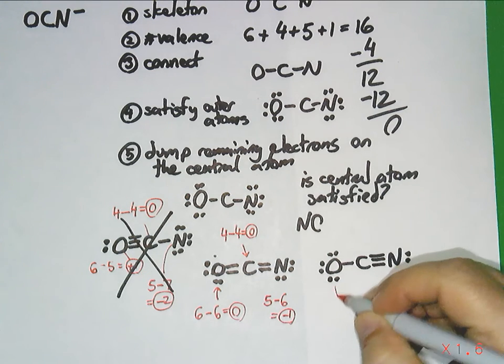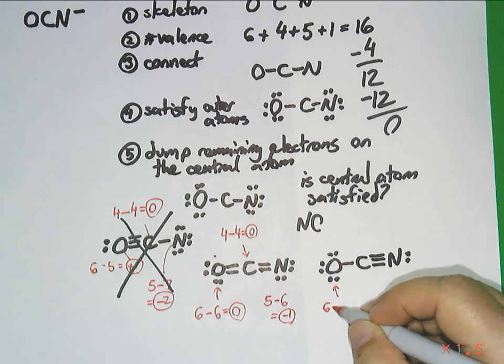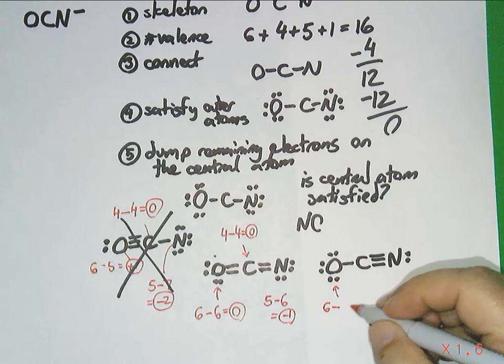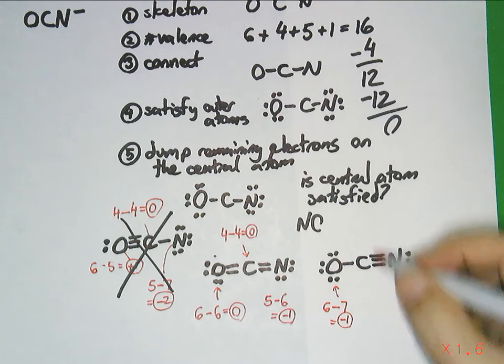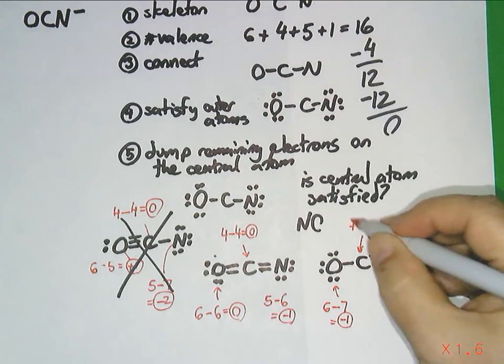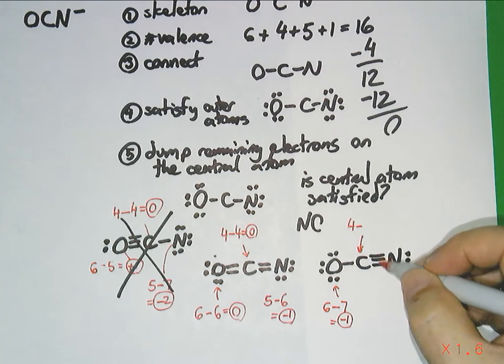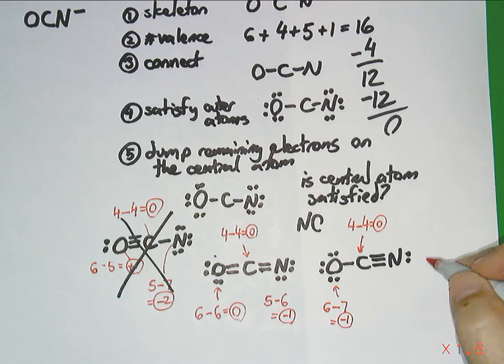Here, the oxygen has got 6 valence electrons on the periodic table, minus 1, 2, 3, 4, 5, 6, 7 sticks and dots. So it is a -1 formal charge. Here, the carbon has got 4 valence electrons on the periodic table, minus 1, 2, 3, 4 sticks and dots. It's got a 0 formal charge. And how about the nitrogen?